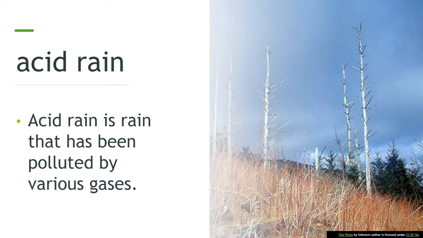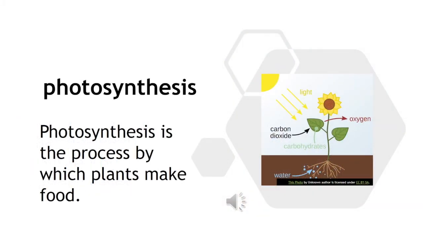Acid rain. Acid rain is rain that has been polluted by various gases. Photosynthesis. Photosynthesis is the process by which plants make their own food.